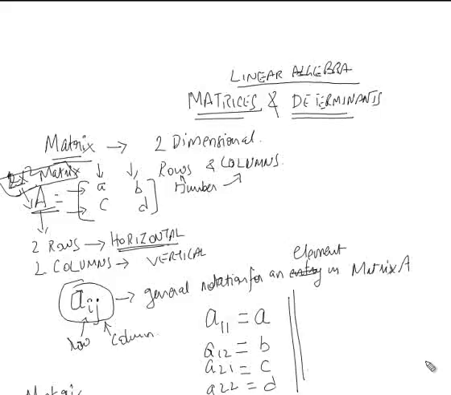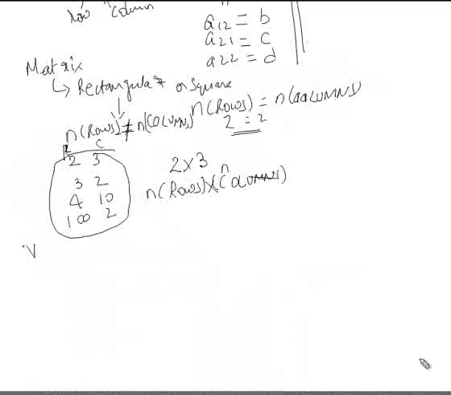Clear? Now let me see some types of matrices. All these types have a meaning which we will be seeing very shortly. So the first thing I call an identity matrix.